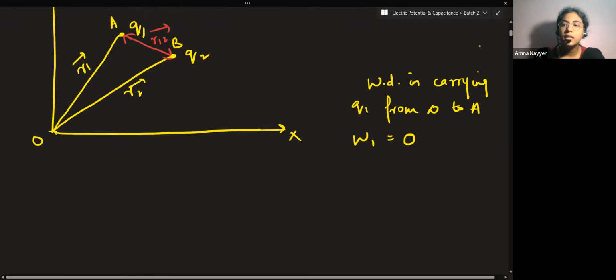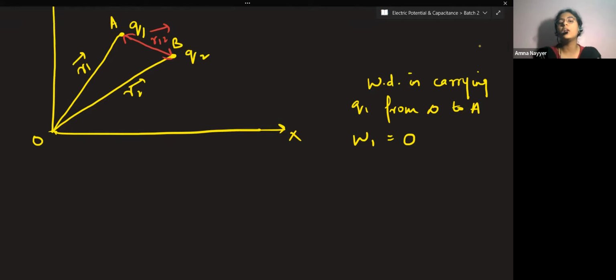Now see, what was the formula of potential that we had studied? Fatima Munir, you tell me. We had studied the definition of potential. It had a formula which related it with work done. So how can you relate work done, charge and potential? Hint is that you can relate it by the definition of potential.